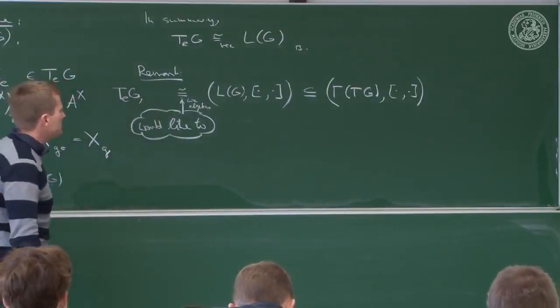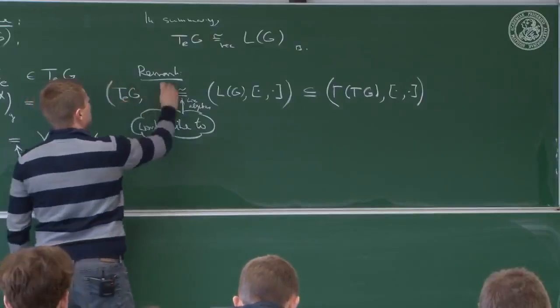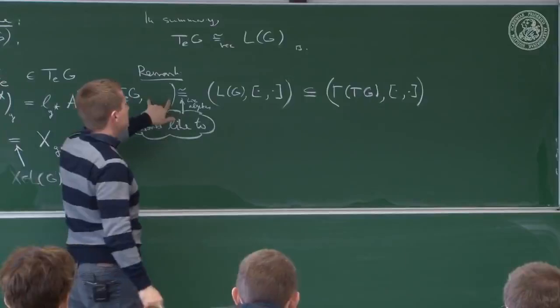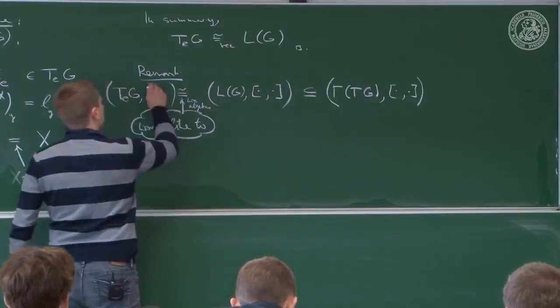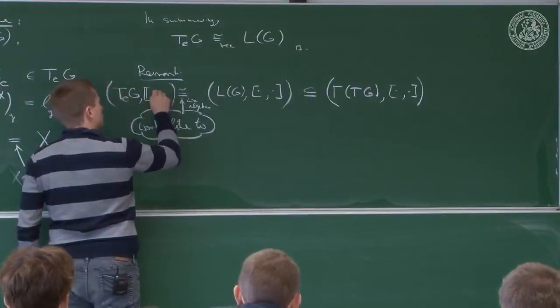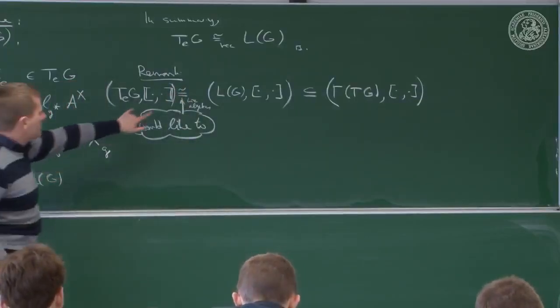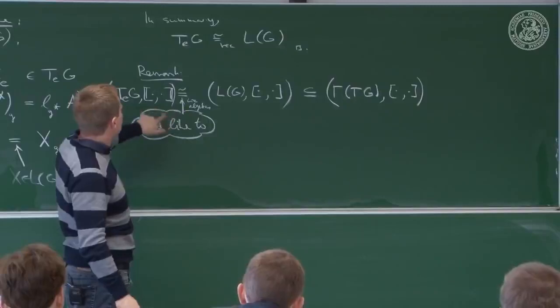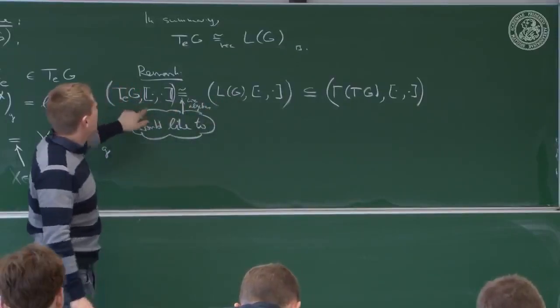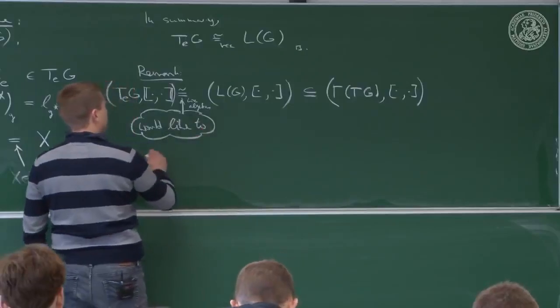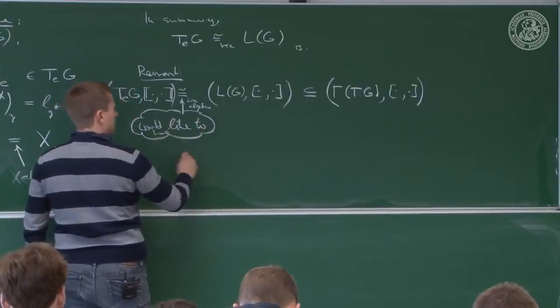So the isomorphism is already there because the underlying vector spaces are isomorphic. But we also need to have a bracket here. Let me call this also double bracket. We'd also like to have a bracket here such that this isomorphism is compatible with respect to the bracket.